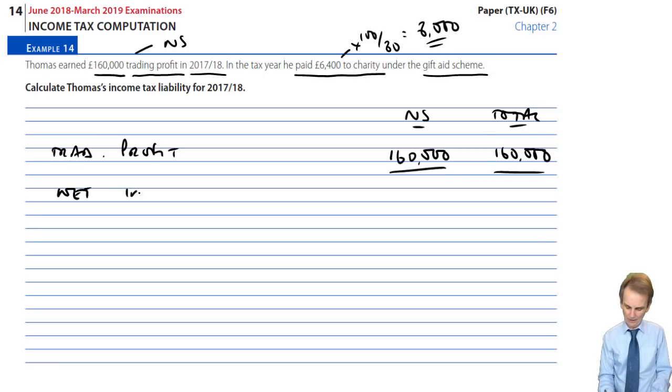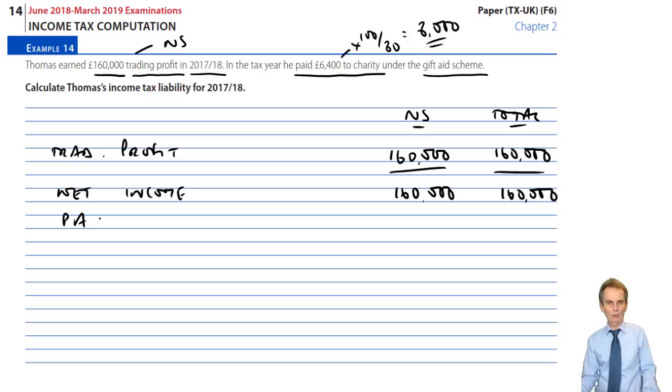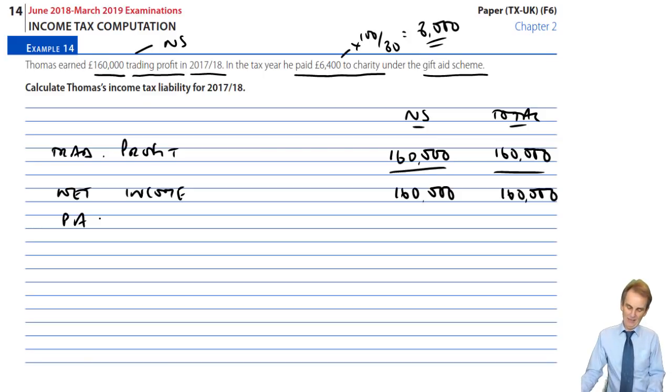I will identify it this time. The net income, one and the same, 160, away from which we will be looking to deduct our personal allowance. Now then, our personal allowance, is there going to be any? Working one.